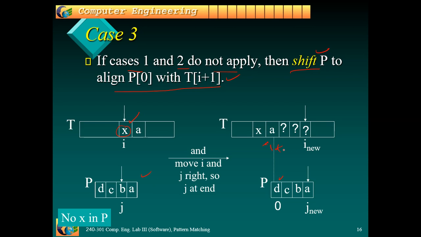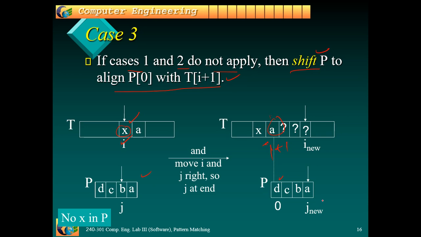I was at X, and I plus 1 is A. So to align P of 0 with T of I plus 1, you shift the entire P to the right.